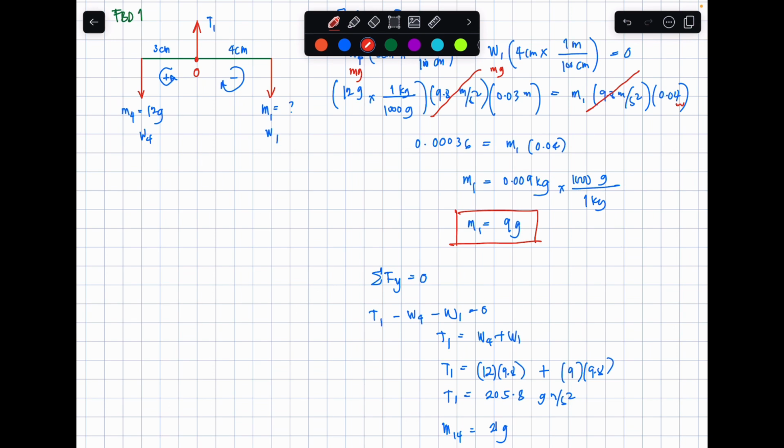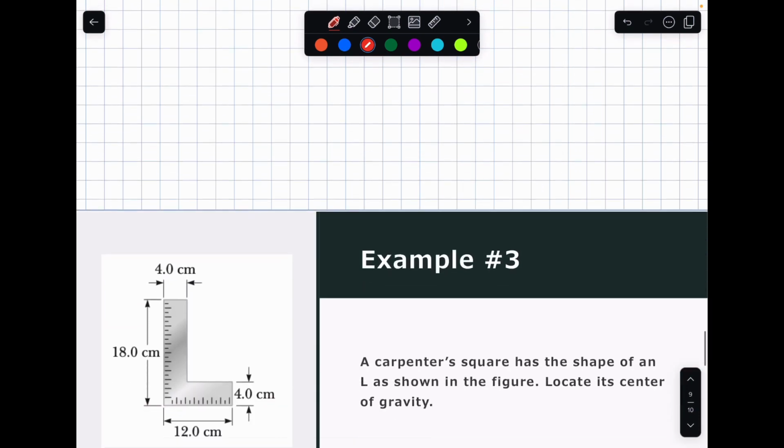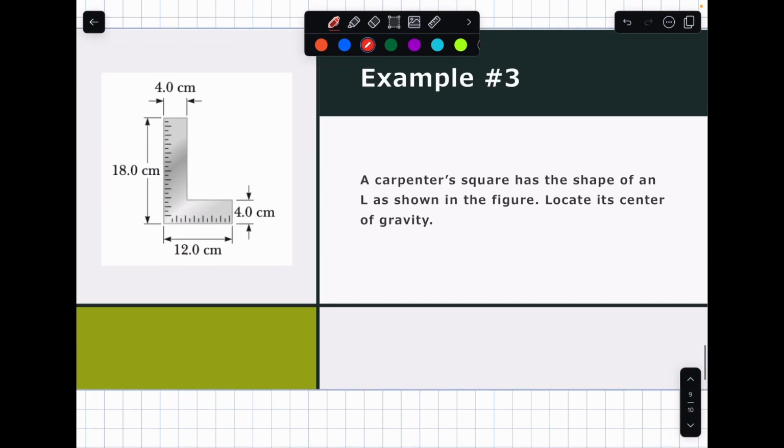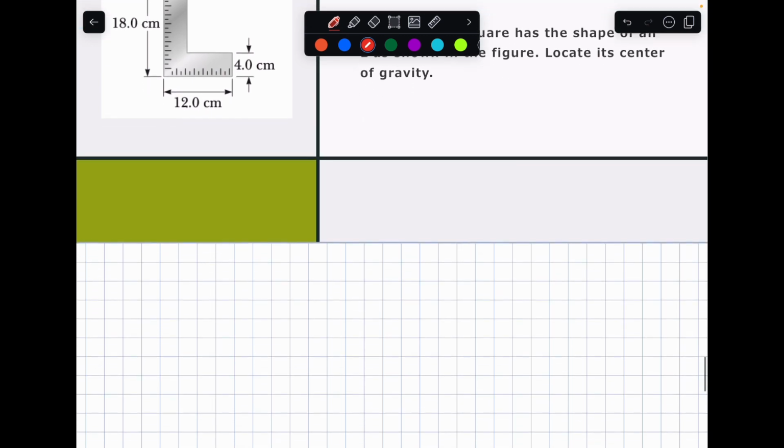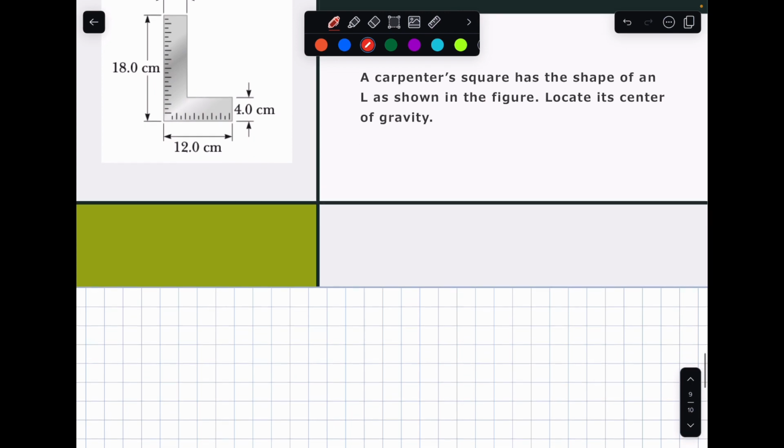Okay, so for the given problem, let's have our last example. This time, we are to locate the center of gravity. To locate the center of gravity here, we will be using the same formula as for the center of mass.